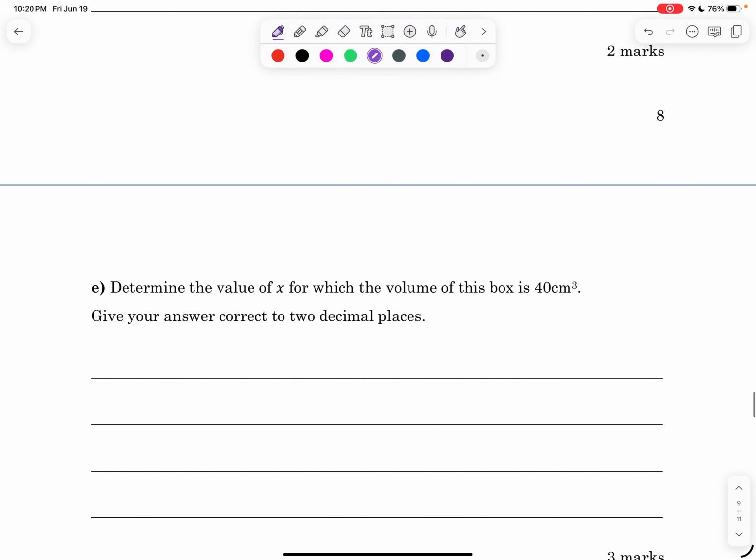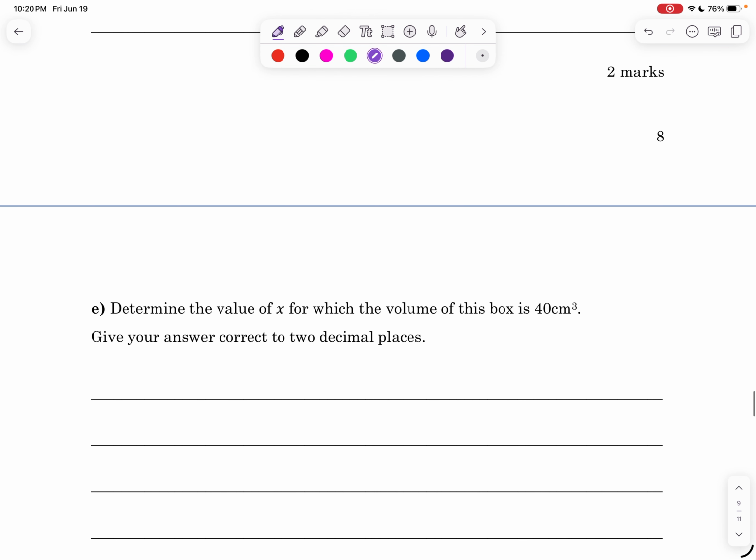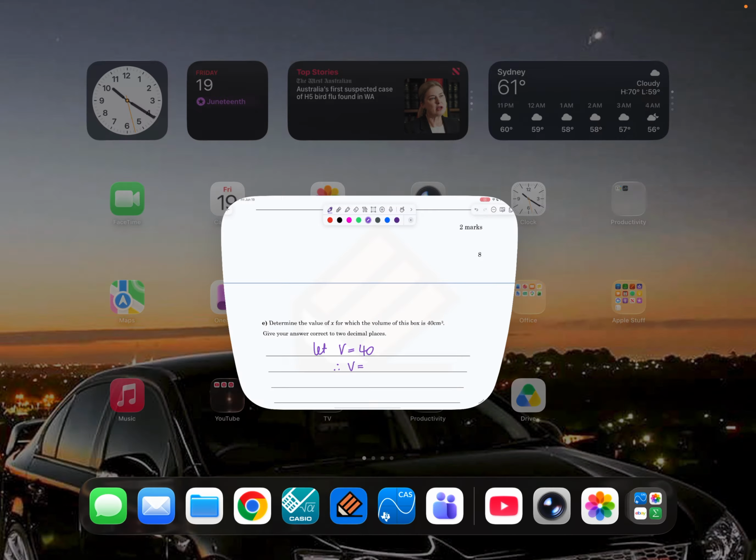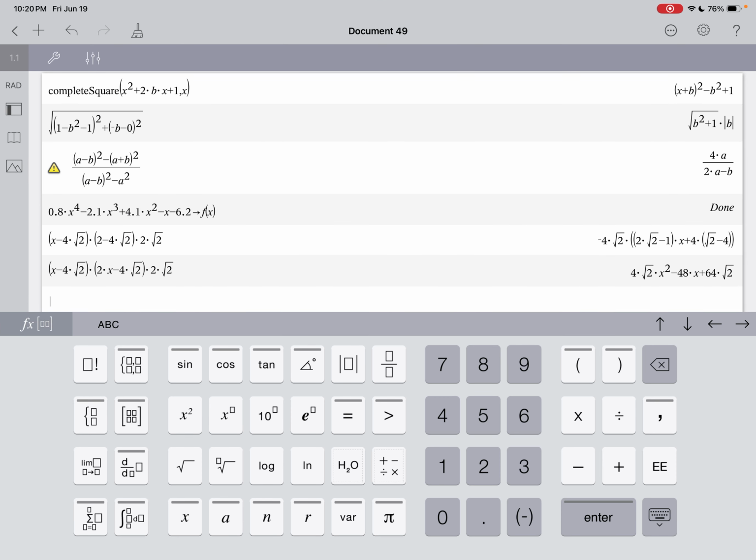Determine the value of x for which the volume of the box is 40. Okay, so we just let V equal 40. We just got that formula.